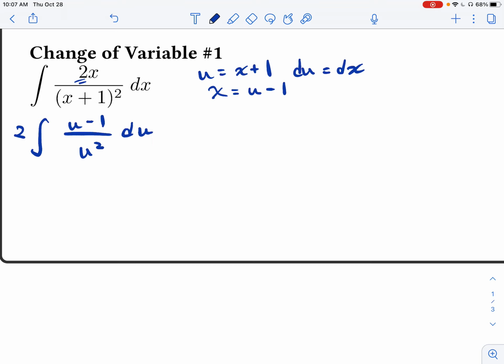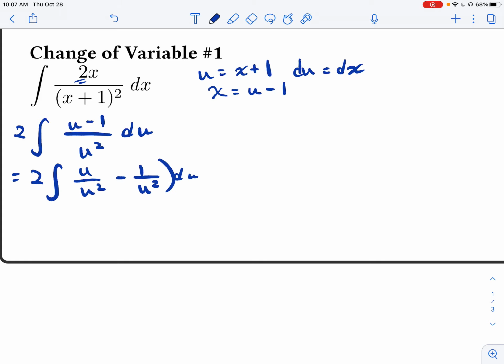Okay? Now that I have that, I can go ahead and divide the numerator by the denominator. So this is going to be the following: u over u squared minus 1 over u squared du.